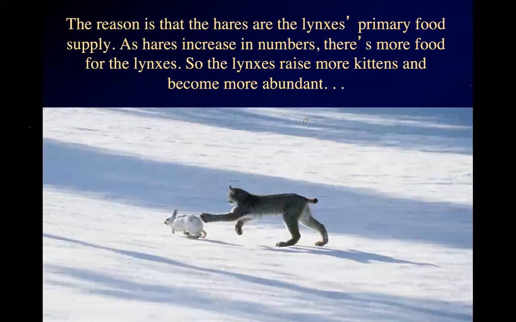And for a while, it might increase exponentially. But that means there's more food for the lynxes. So the lynxes eat lots of hares. When there's lots of food, the lynxes can raise more kittens. Mommy is healthier. She can have more babies and make more milk. And the lynx population becomes more and more abundant because there's more food for them.